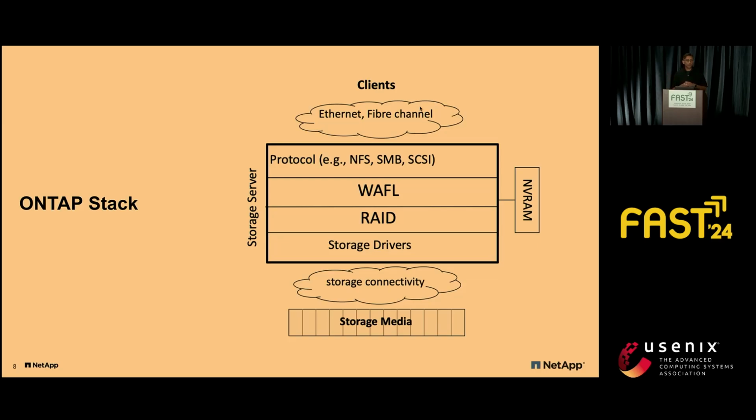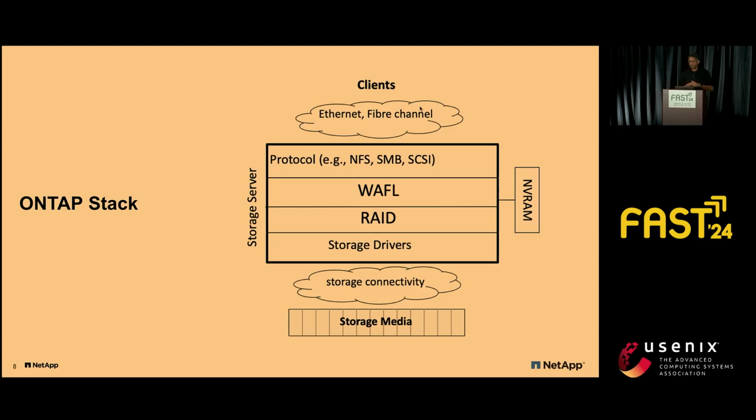It's the file system that ONTAP has had since 1992, and it takes these pools of blocks and carves them up into spaces called aggregates and serially numbers blocks in 4 kilobyte chunks from 1 to n. Within these aggregates are created volumes. Volumes have files, and files are just trees of blocks, as you would expect. And then on top is a protocol stack that has a number of protocol servers for different protocols that allows clients to talk to the core file system layer.